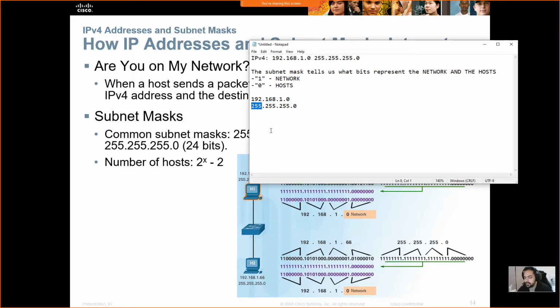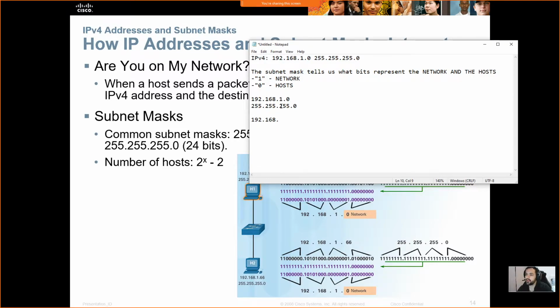We're going to see the detailed calculation later on, but every time I see 255, it tells me that the corresponding portion belongs to the network. So the part that belongs to my network is the 192, and I can just keep the 192 for the network. The other portion is also a 255, so all bits are set to 1, and the same applies to it. So 168.